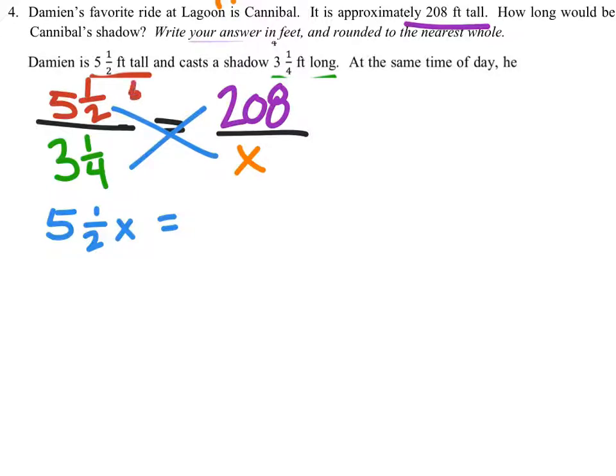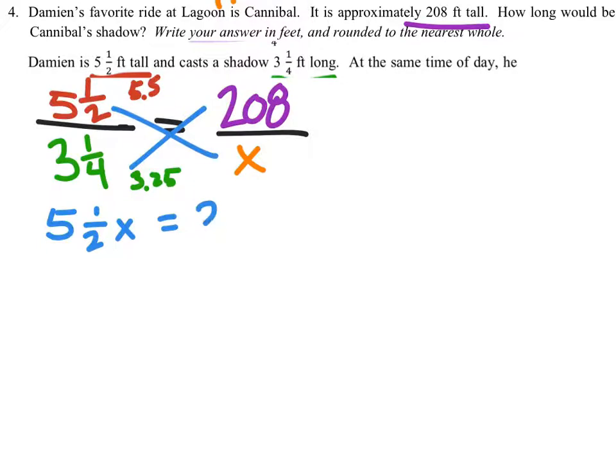Like 5.5 is 5.5, and 3 1/4 would be 3.25. You could use the decimals on these, especially since it said to round to the nearest whole. As long as you can do that at the end, then you can use the decimals as needed, or as you want, okay? So in my calculator, I got 3 1/4 times 208, right?